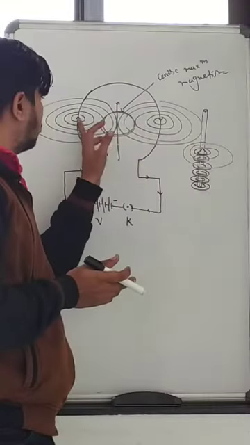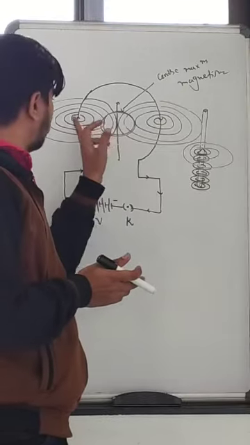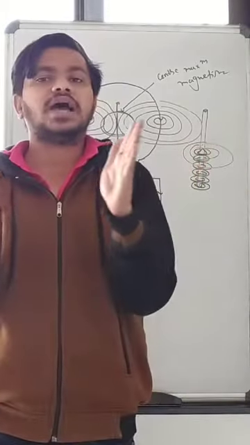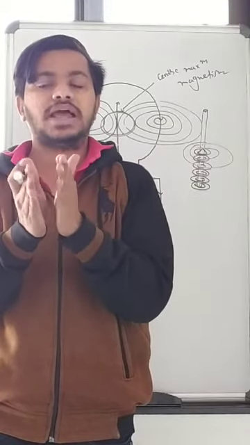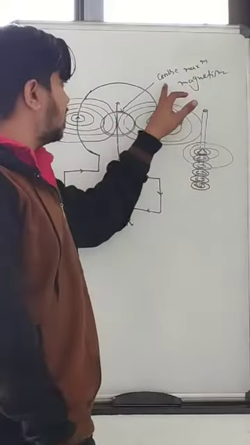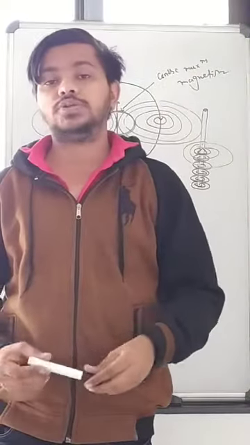As here, the magnetic field lines of this point and this point come there. So both the magnetisms are near to each other, the lines become nearer, they become straight, and because of that you can say that the maximum magnetism is produced here.